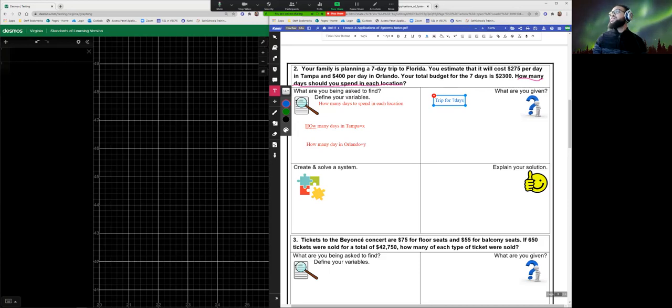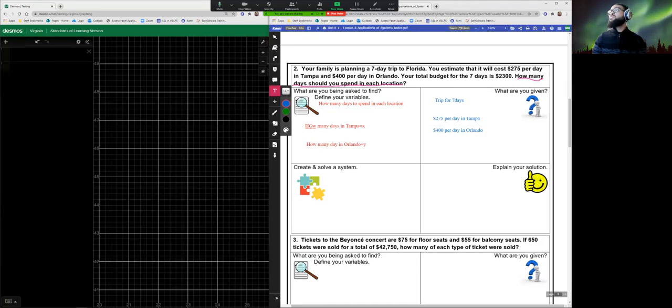We know it's going to be $275 a night, or per day, I should say, in Tampa, and then $400 a day in Orlando.